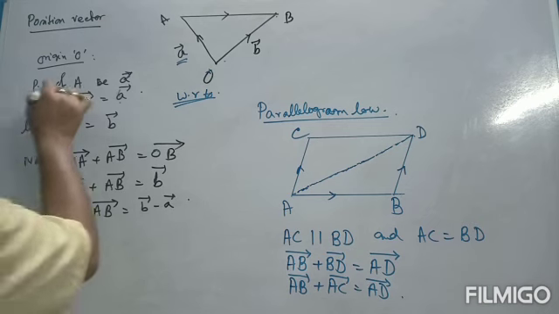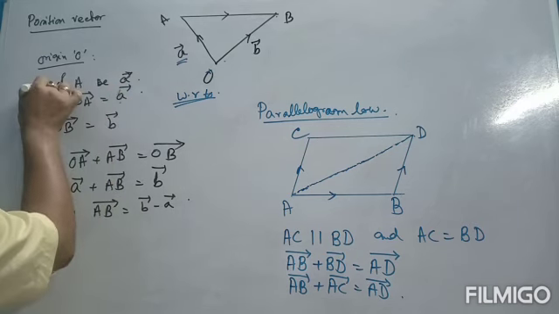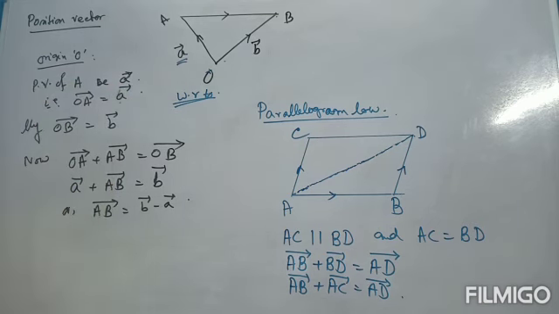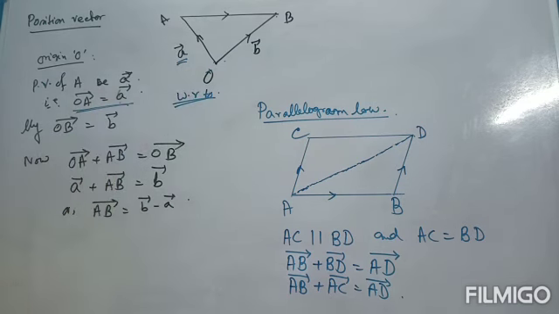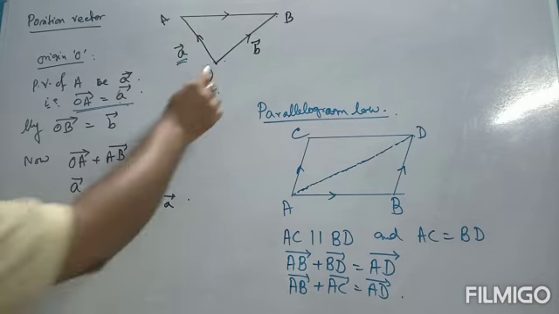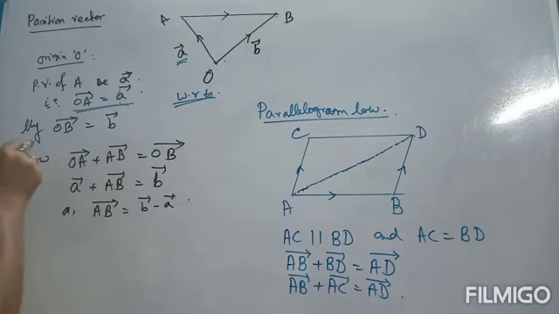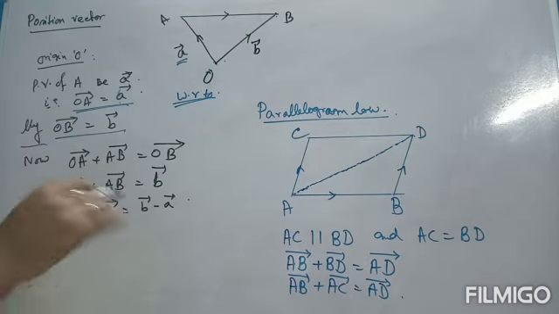So position vector of A is small a vector. Here we write PV, that means position vector. That is, OA vector is nothing but a vector. Similarly, position vector of B is small b, that is, OB vector with respect to O, obviously, is b vector.